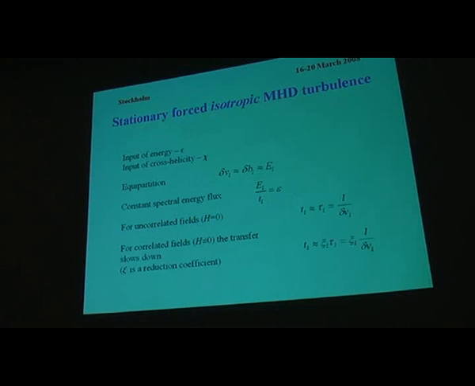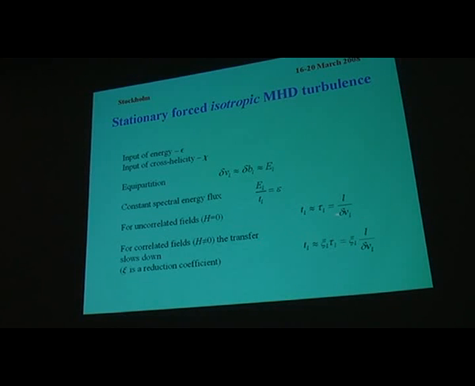So I start with some simple phenomenology. I suggest that the input of energy is equal to epsilon, and the input of cross-helicity, also stationary, is equal to He, and equipartition is supposed. With the general assumption of MHD that the spectral flux is constant, some characteristic time of transfer at the given scale is T. For uncorrelated fields, the common assumption is that this time is equal to the turnover time of the vortex of given scale.